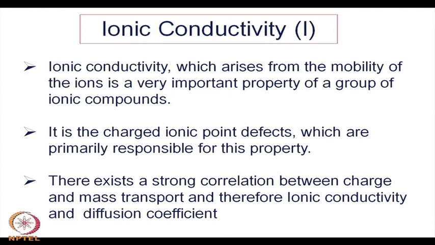There is another very important phenomenon in oxides, particularly when you are talking about electrical conductivity, and that is ionic conductivity. We have also seen that in a non-stoichiometric oxide, where the defect compensation is primarily by a change in the concentration of the ionic defects, there we are not talking about the electronic charge carriers, either the negative charge carriers or the positive charge carriers, electrons or holes.